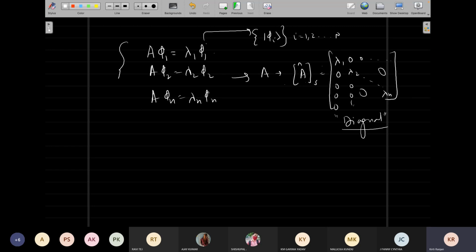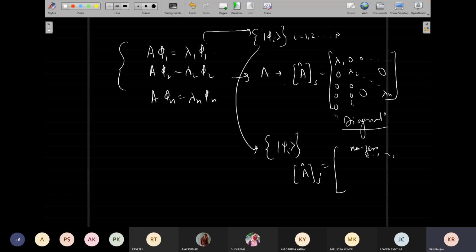In any other basis, which is not the eigenfunctions of this, in any other basis of the same space, you will get A prime, which has non-zero entries here also, right? Those matrices are the same as this original matrix. And how do you reach from this non-diagonal matrix to the diagonal matrix? How did you reach there?